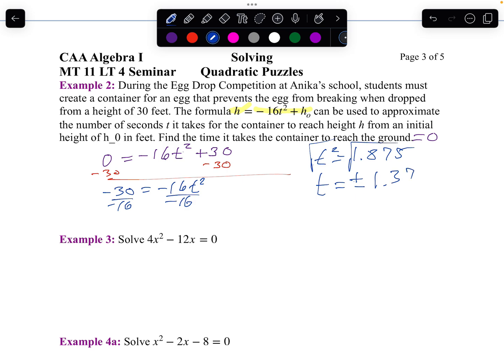No. So we throw out the negative for the application. The algebra is correct, but for an application, we're going to say it's going to take about 1.37 seconds to hit the ground.